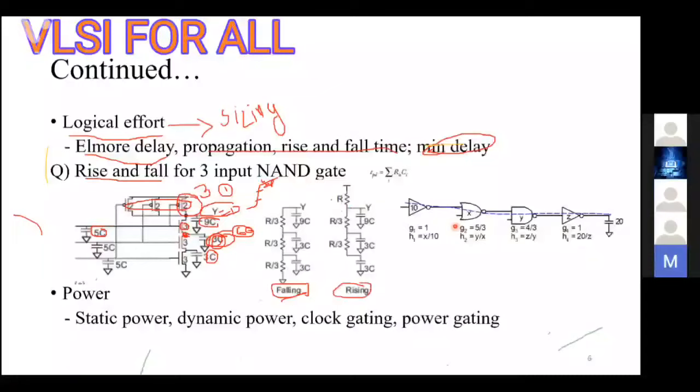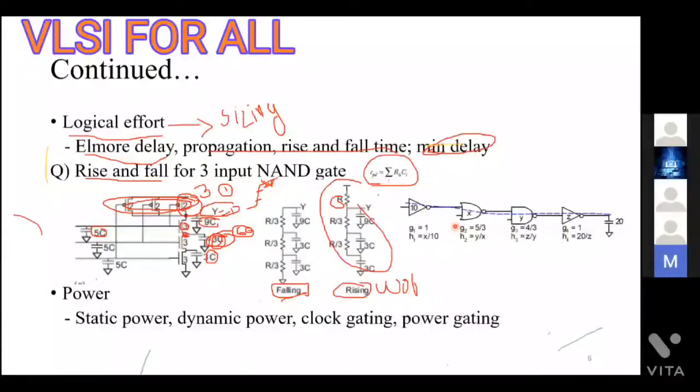Here, what was assumed is that only one transistor is on, and the remaining transistors are off. So here we are considering the worst case. Worst case is the case where only one transistor is on. When you ask for the best case, it will be when all three transistors are on. Now, in order to compute the delay for this worst case rise time, you need to use the Elmore delay concept.